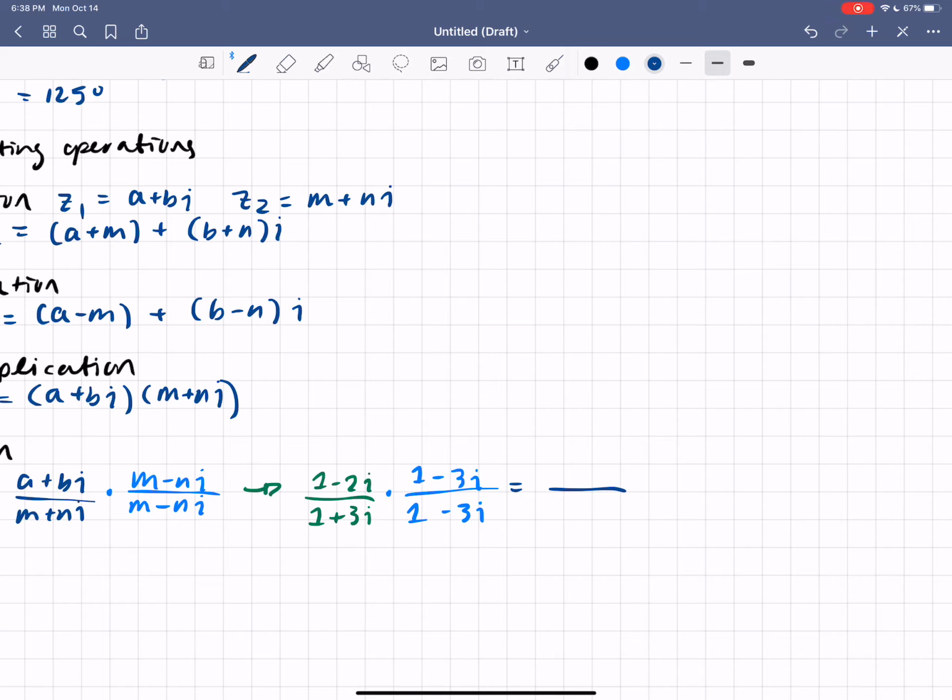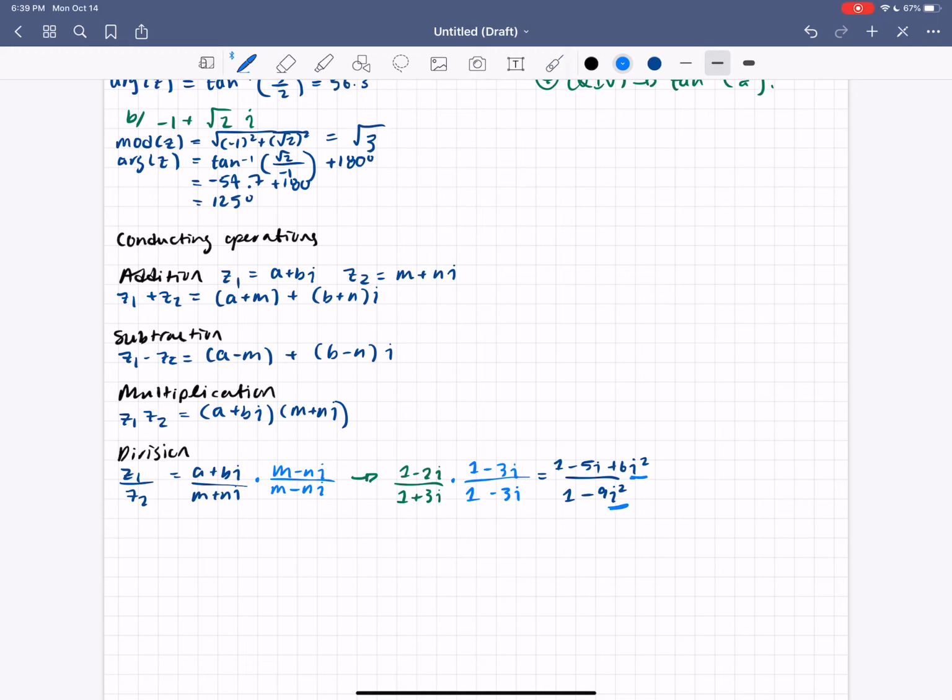So our answer is just 1 squared, which is 1, minus 3i squared, which is 9i squared. Then on the top, this would equate to 1 minus 5i plus 6i squared. So now you notice we have this funky looking i squared term.